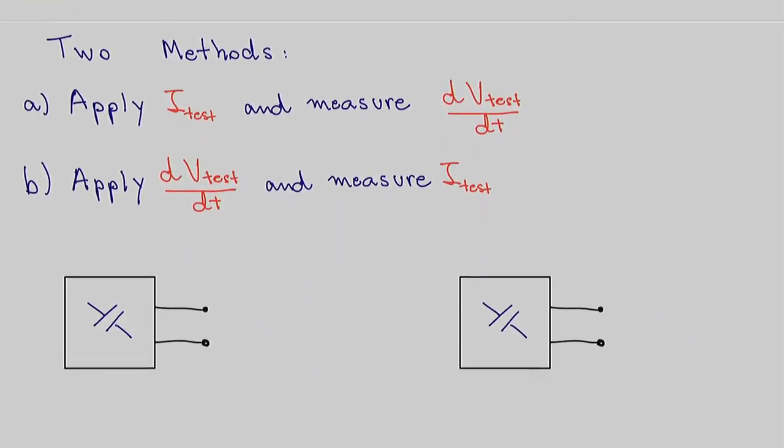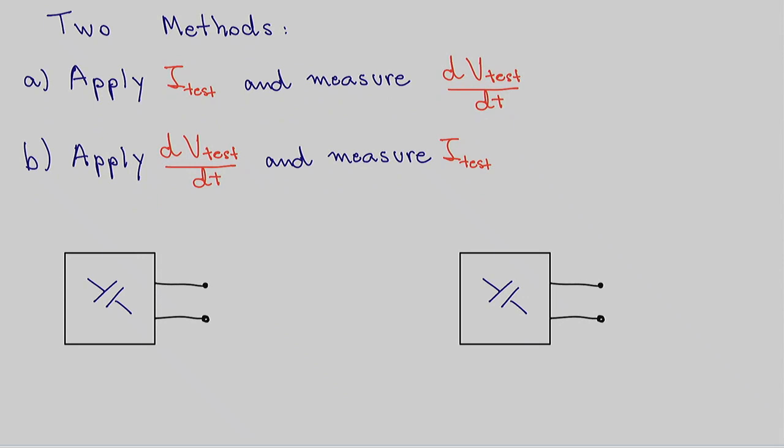So we have two methods, as I said. Depending on the circuit that we had to analyze, sometimes we chose to apply V-test because it would make our equations easier when we knew that the voltage across the elements would be the same.